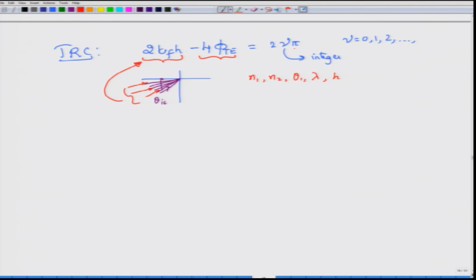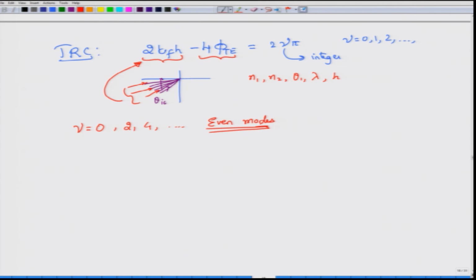Now, let us write down this equation in a slightly different form, assuming the condition that nu is equal to 0. Or you could assume that nu is equal to 0, 2, 4 and so on, which we call the even modes of the solution.